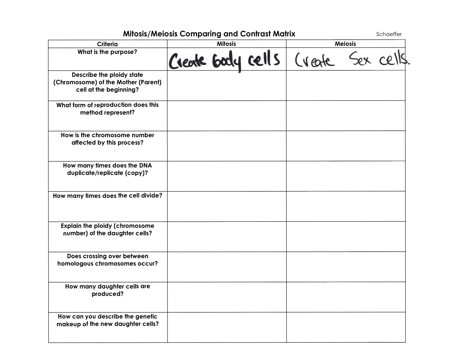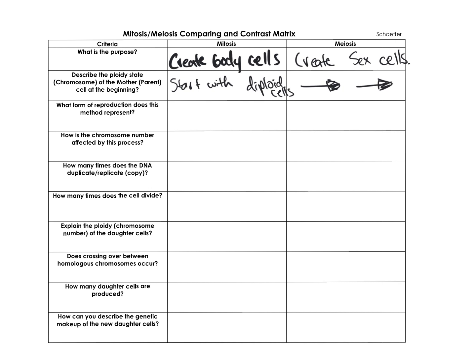Describe the ploidy state of the mother parent cell at the beginning. Okay, so what it's asking is, is it diploid or haploid at the beginning, for the parent? Because both of these, mitosis and meiosis, both start with diploid cells. I'm going to draw an arrow like this just to show that it's for both of these boxes.